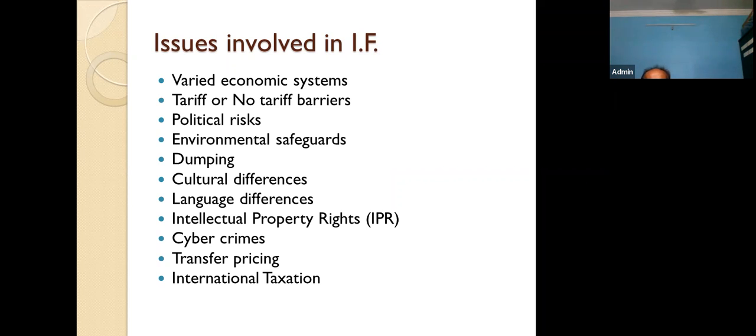If there is a change, naturally the policies will also change. So these are some political risks. Now if you are working in international finance, as a management student you need to understand what is happening in other countries, maybe in China, maybe in America, maybe in our own country. And because of changes in the political situation, you will have to have a business strategy.